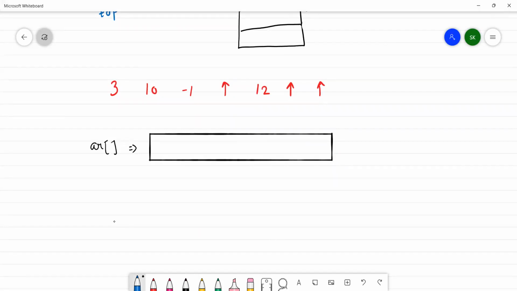Can anyone tell me when your stack is empty, what will be the position of your top pointer? Basically, there is no element in your array, right? So you can take top equals to -1, which is like here.